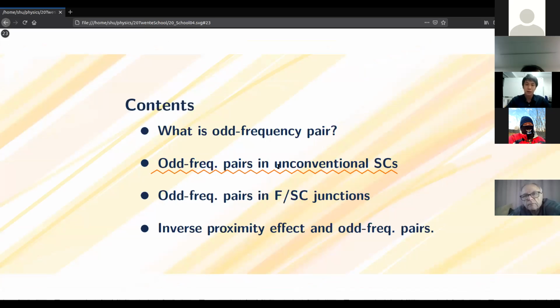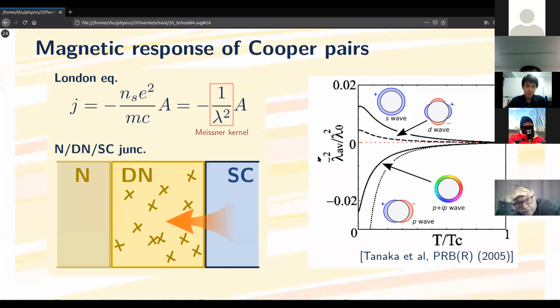And now let's move to what kind of phenomena odd-frequency pairs can cause. In 2005, Professor Tanaka studied the Meissner kernel of the odd-frequency pairs. The Meissner kernel corresponds to this part.